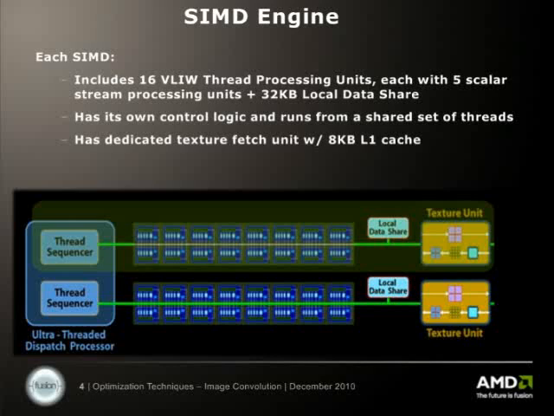All right, so in this particular figure, I'm showing two SIMDs. Each SIMD has 16 different ALU units, right? In the previous slide, I was saying that each SIMD will execute one instruction per clock cycle, but it can execute on multiple data.